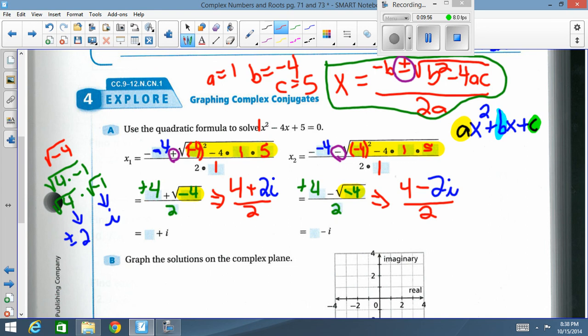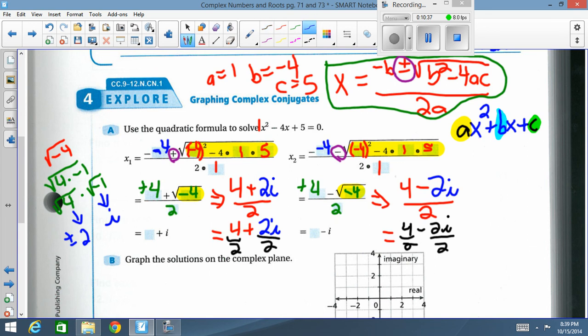Now, I'm still not ready for their last step here because for me, and I certainly 100% encourage you to do this, when you have a binomial divided by a monomial, in this case 4 plus 2i divided by 2, I'm going to take the 4 plus the 2i, and instead of writing that over one big long division bar, I'm going to split it up and divide each part by 2.